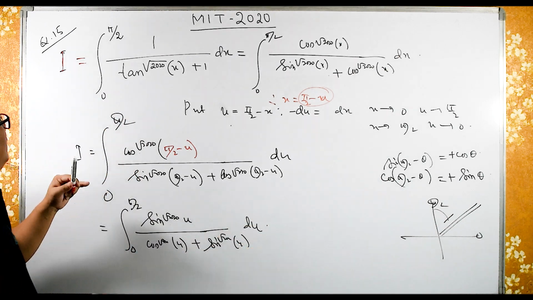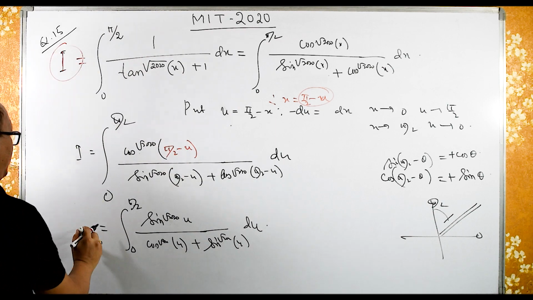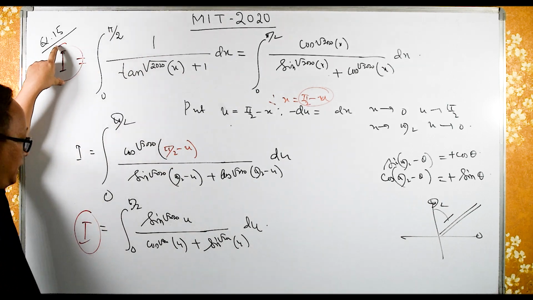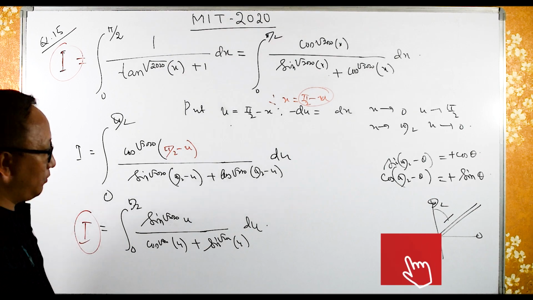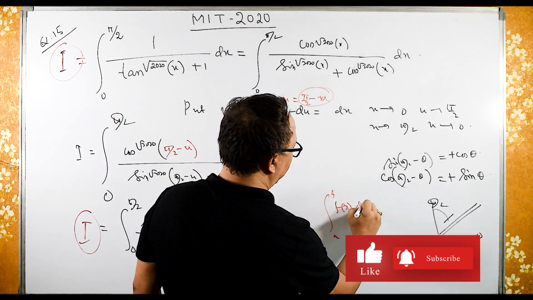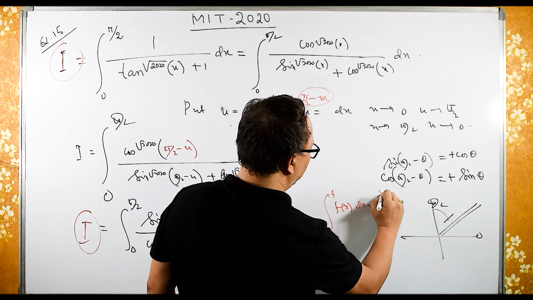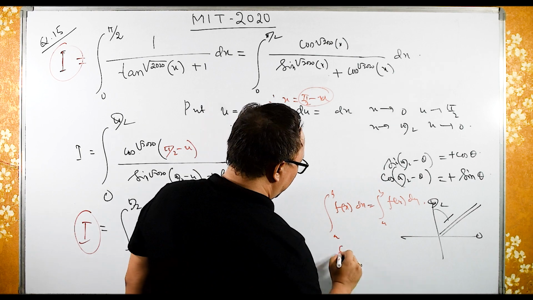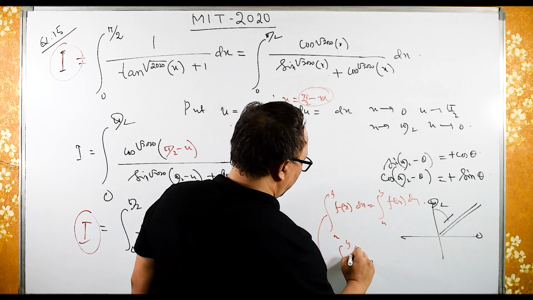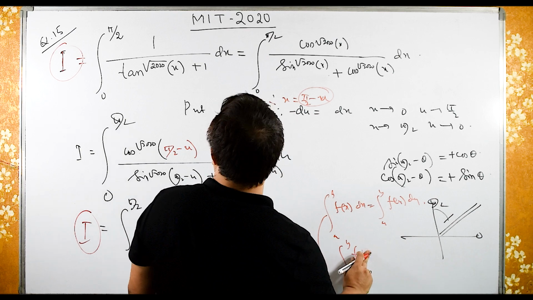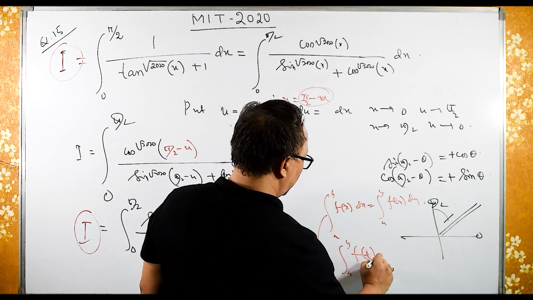Now we have this integral, and this integral is I. We have the integral of a to b f of x dx equals the integral of a to b f of y dy; we can choose any variable. This is the same as a to b f of t dt.